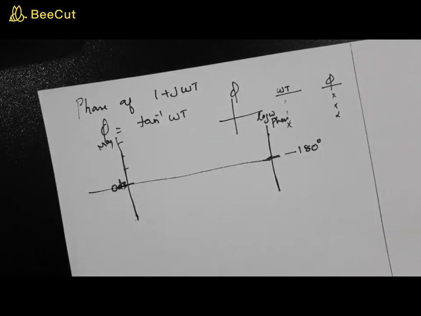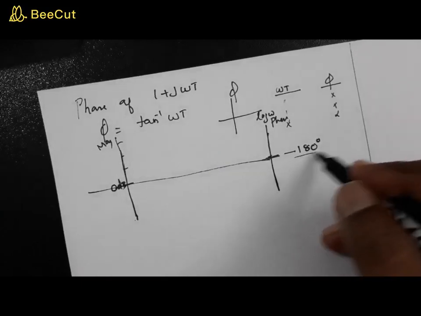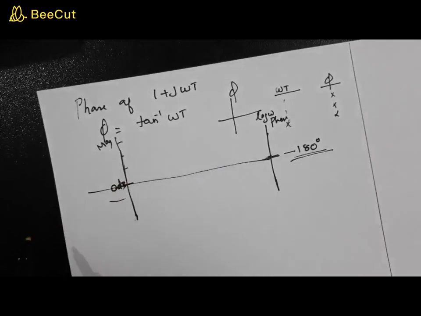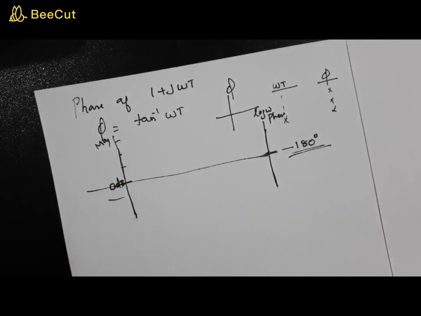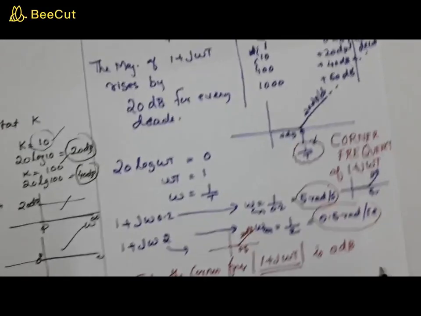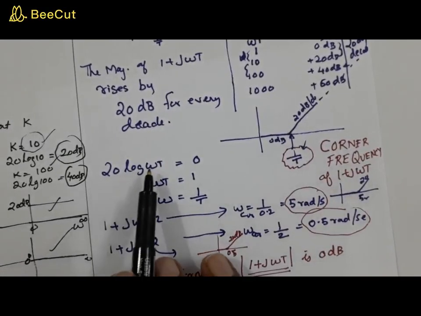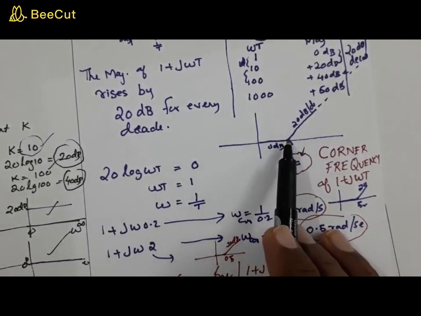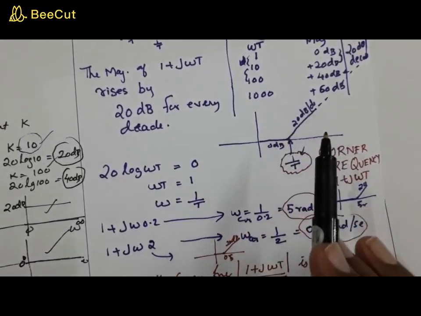This is a very important thing, because this 0 dB line in magnitude determines something, as we already understood when we found the corner frequency: 20 log omega t equated to 0 dB is the frequency at which it starts.